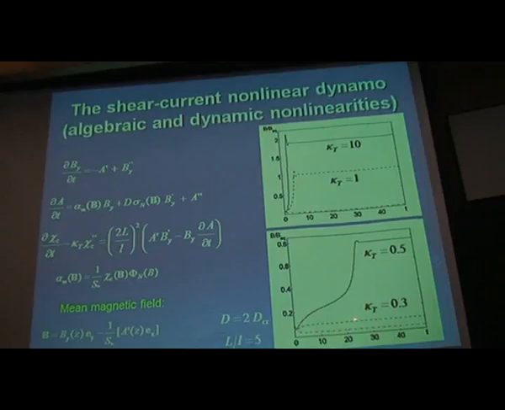is very small, then the saturated level of the magnetic field is very small. But if we increase the flux of magnetic helicity, we obtain the saturated level of the equipartition field.